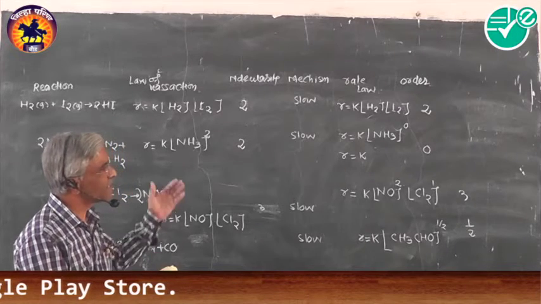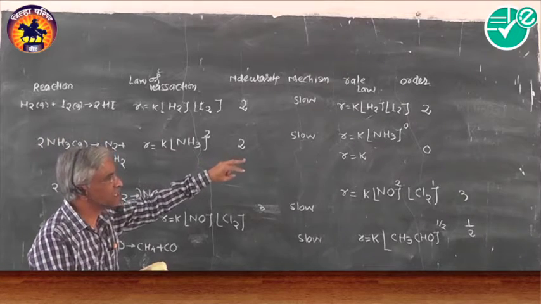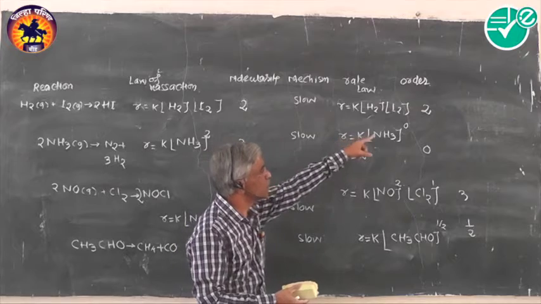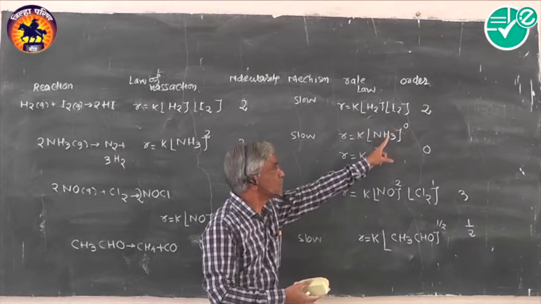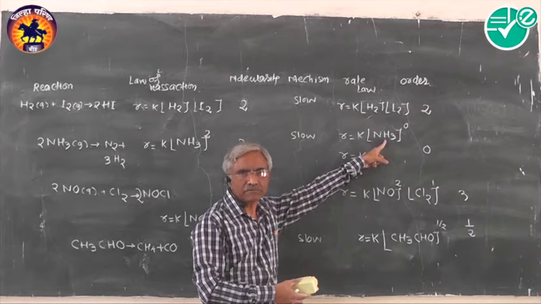First of all, I will introduce all the types of reaction, as I have already introduced a zeroth order reaction. A zeroth order reaction means a reaction whose rate is proportional to the zeroth power of the concentration of the reactant. This is the first definition.